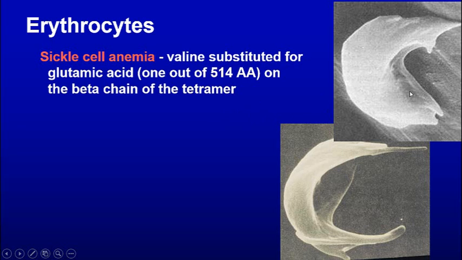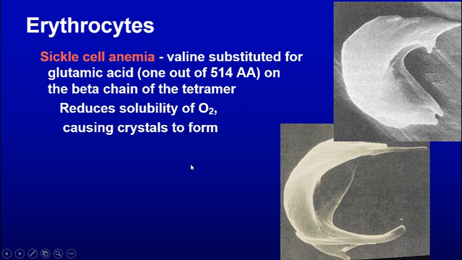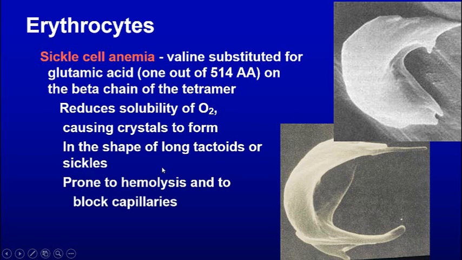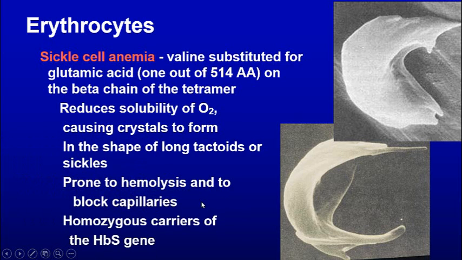You have these, and it makes a sickle cell. So as the fluid's pushing it, these tentacles kind of hang back, and that makes it a sickle cell. It reduces solubility of oxygen and causes crystals to form in the shape of these long crystals that make the cell sickle, prone to hemolysis and blockage of capillaries.